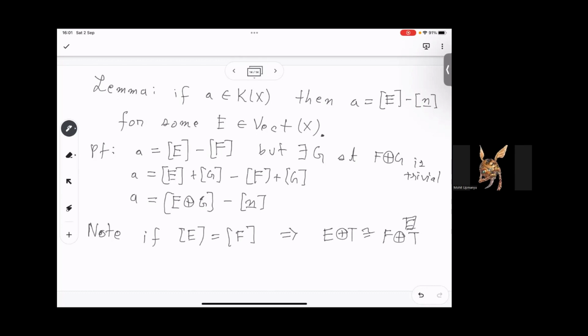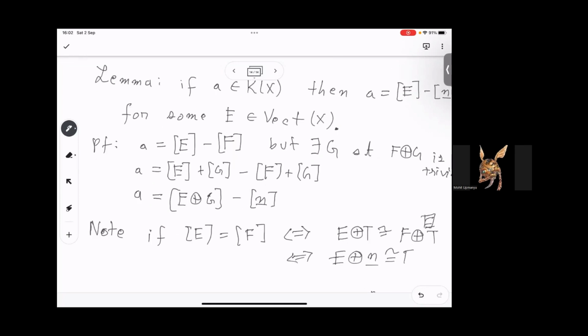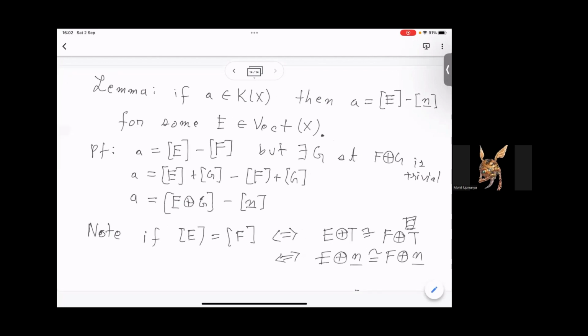But we can always choose a complement of T so that it becomes trivial. So this is if and only if E direct sum some trivial vector bundle is isomorphic to F direct sum the same trivial vector bundle. Such things are called stably isomorphic.